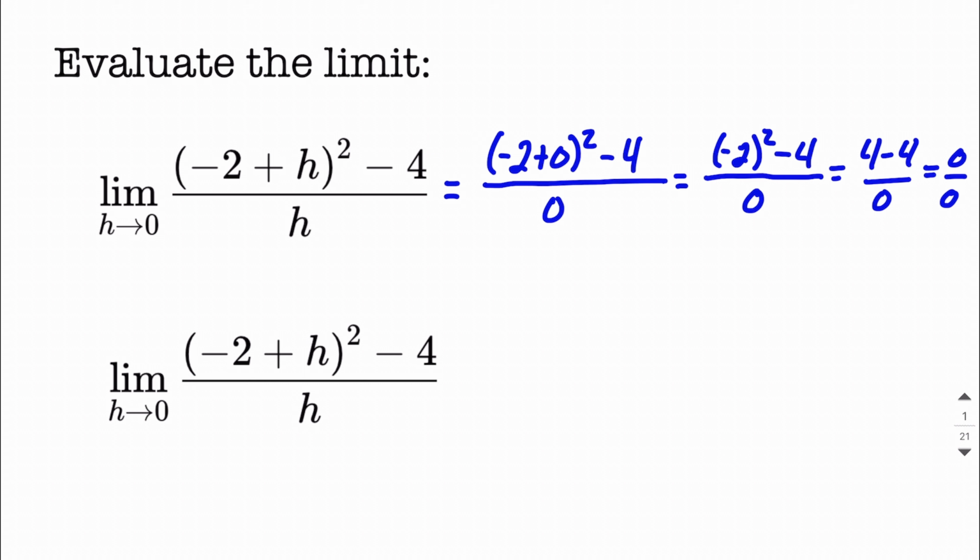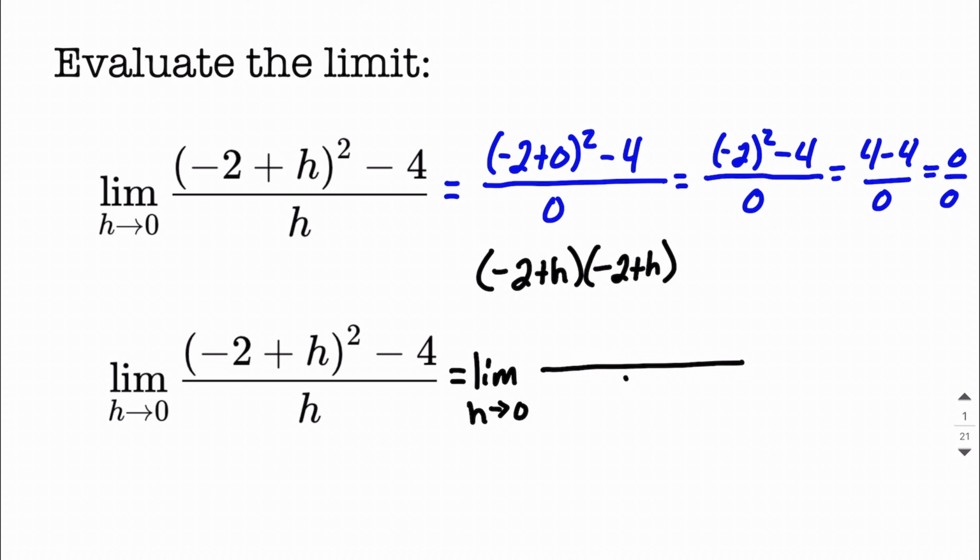So in our case, what I think we should do is visualize this as -2 plus h quantity squared can really be thought of as 2 copies of -2 plus h. So let's work on expanding the numerator, is what I'm trying to say in our case. And then we'll think about combining it back together and simplifying.